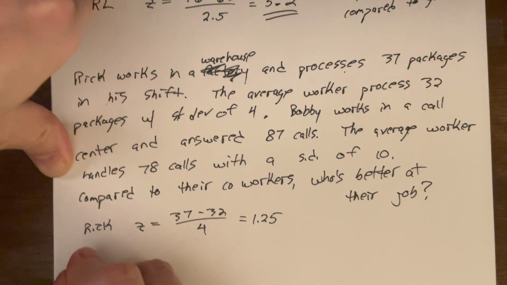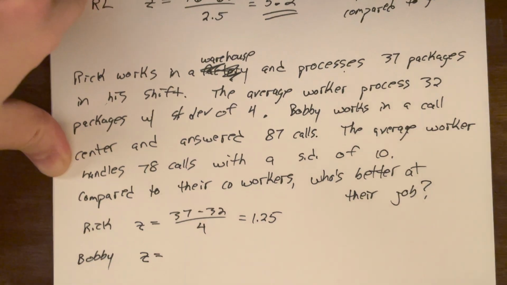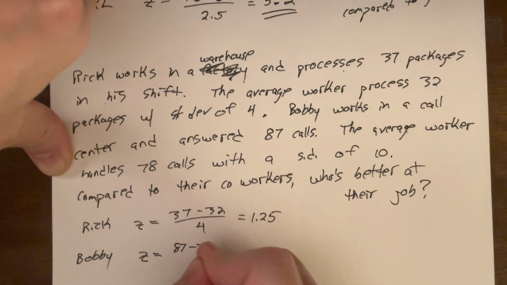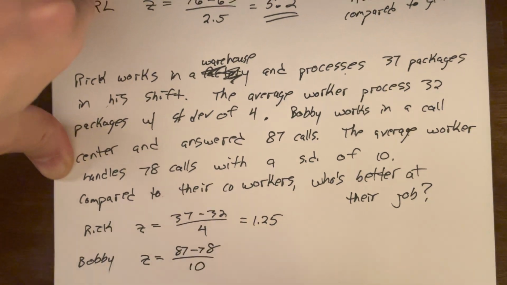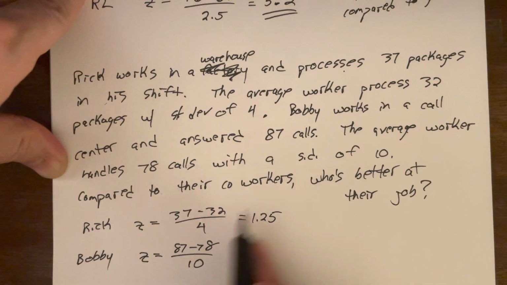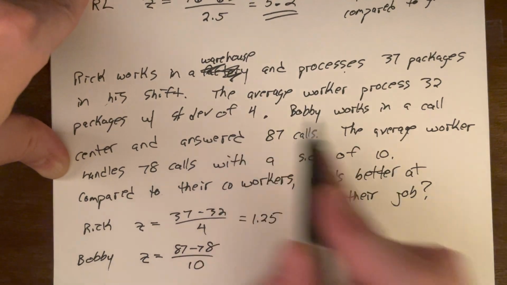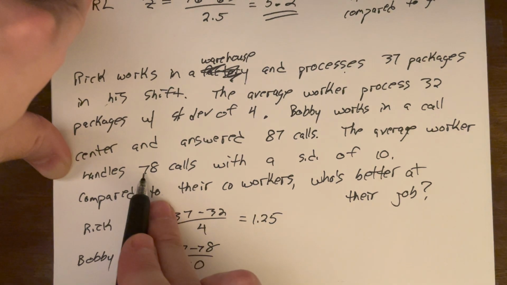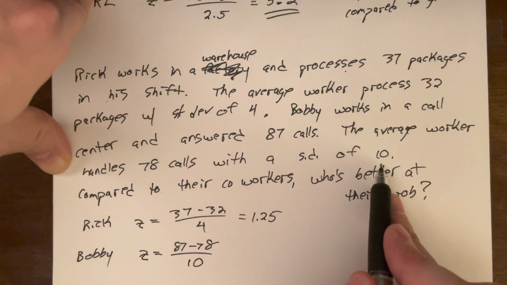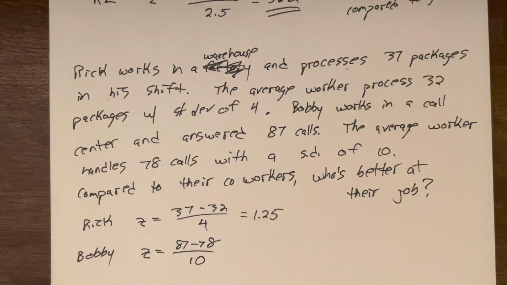And then we'll do similar for Bobby. For Bobby, we've got 87 minus 78 divided by 10. Notice, everybody, I'm not doing big minus small. I'm doing data value minus mean divided by standard deviation. I don't pick and choose. I'm putting them where they need to go.